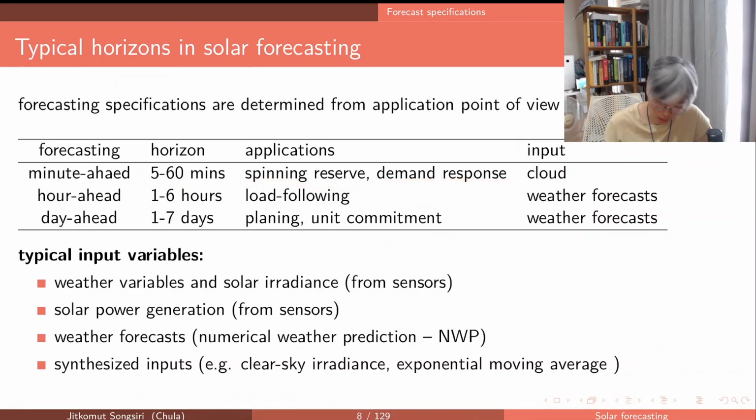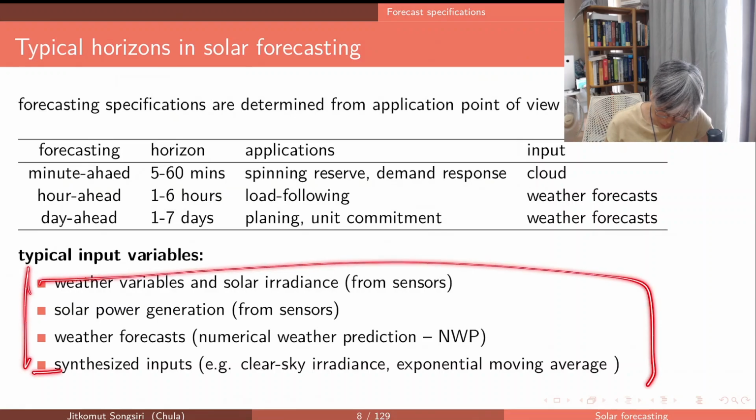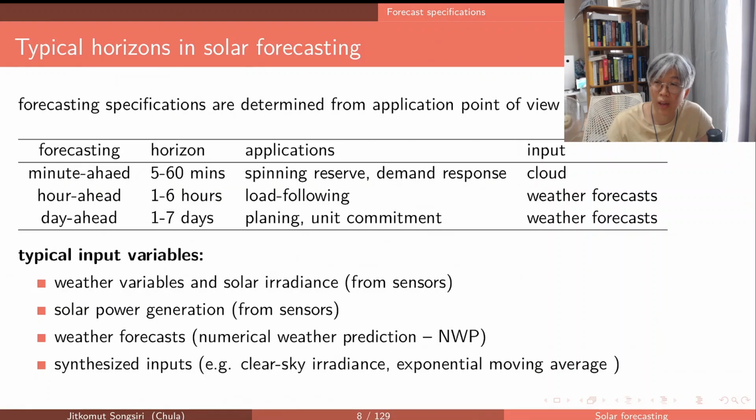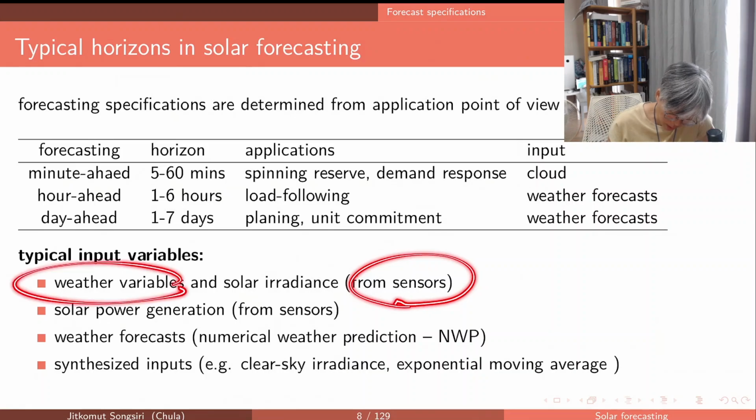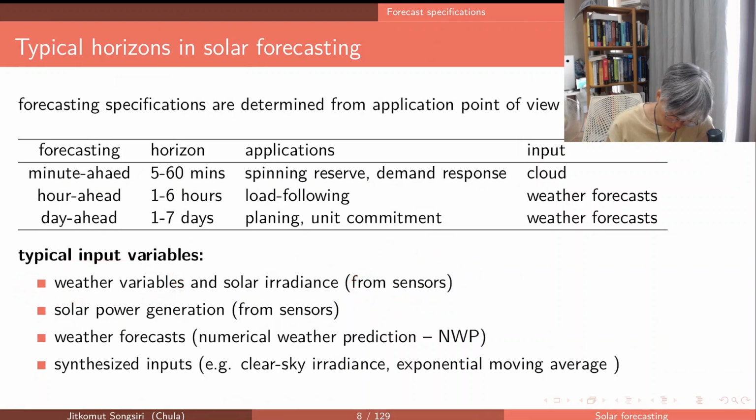Now I give a list of typical input variables in solar forecasting applications. It would involve weather variables and solar power generation from measurements. But if the measurements are not available, for example the weather variables, we also typically acquire the weather forecast from the so-called numerical weather prediction, or NWP model.